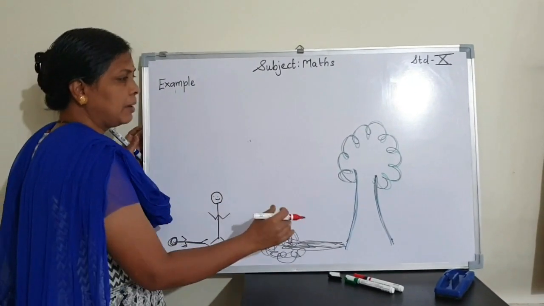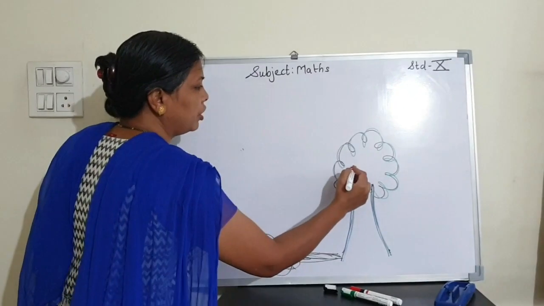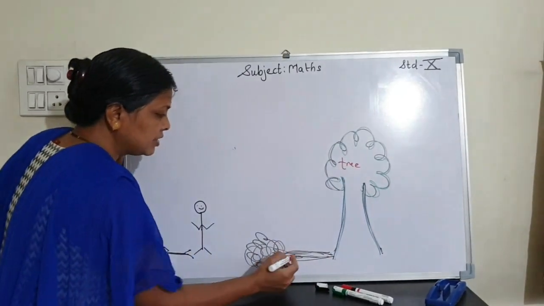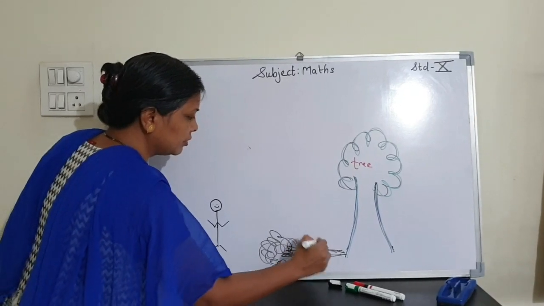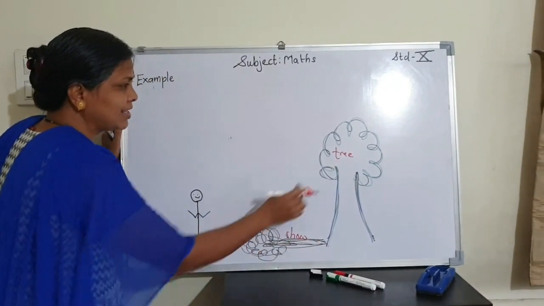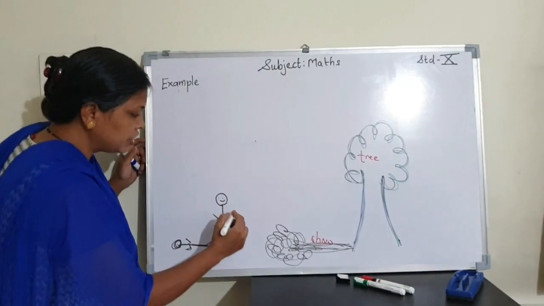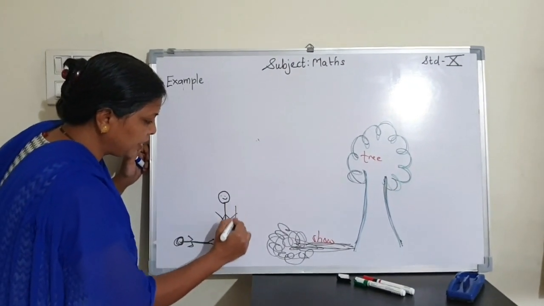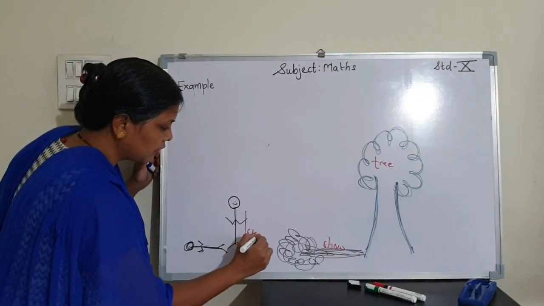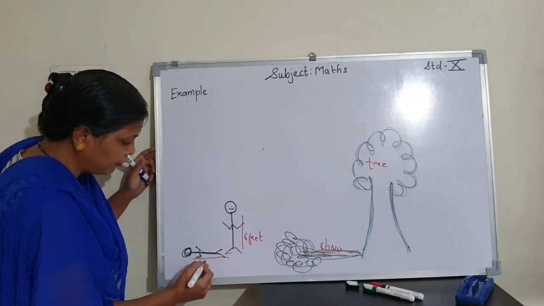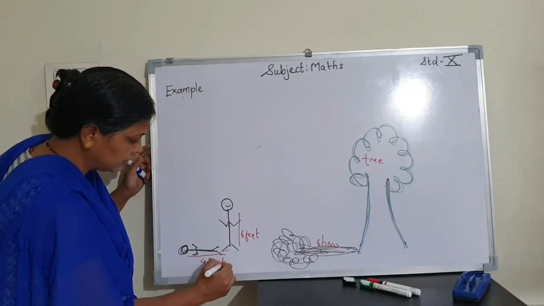So here in this example, you can see that I have drawn a tree, and this is the shadow cast by this tree. Now here a man who is 6 feet tall, and the shadow cast by this man is 4 feet.